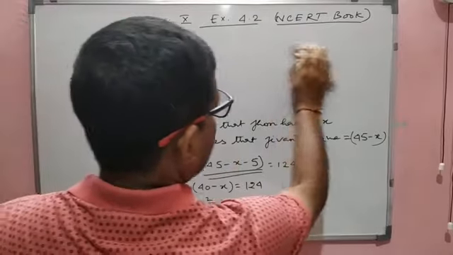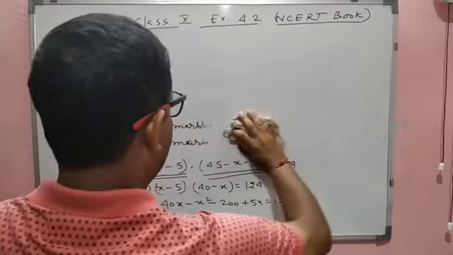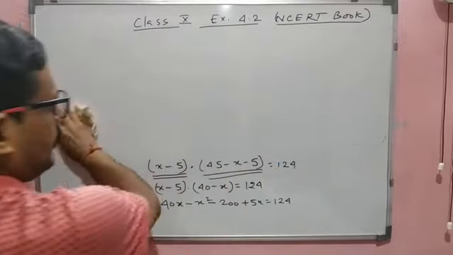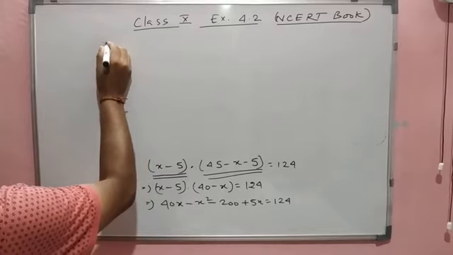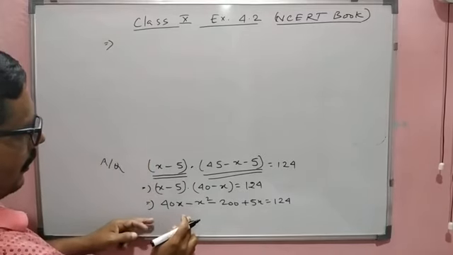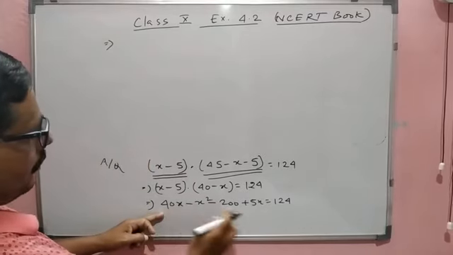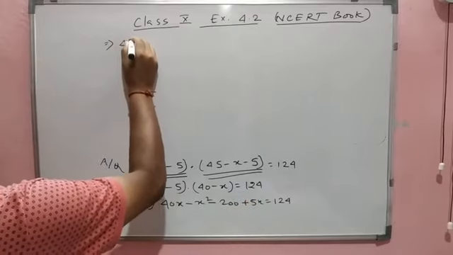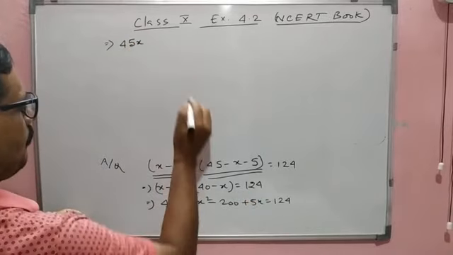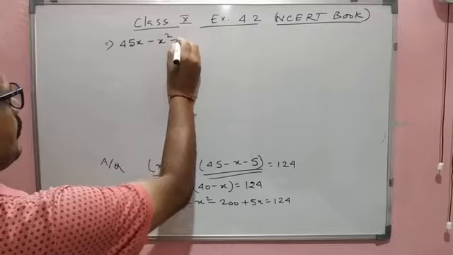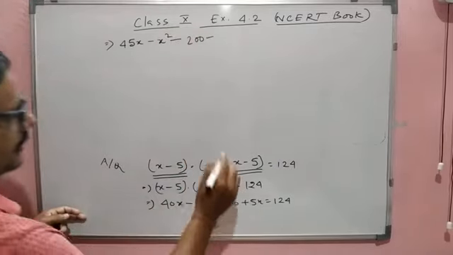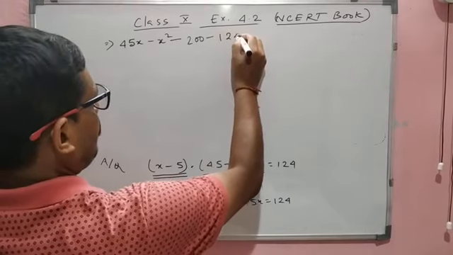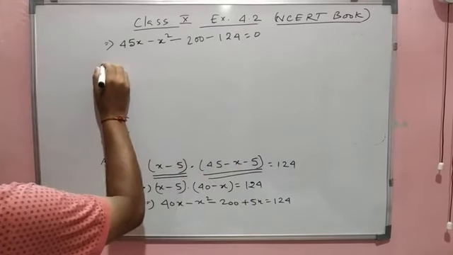On calculation we get 40 plus 5, 45x minus x square minus 200, and transferring 124 to this side, it will be minus 124 equal to 0.